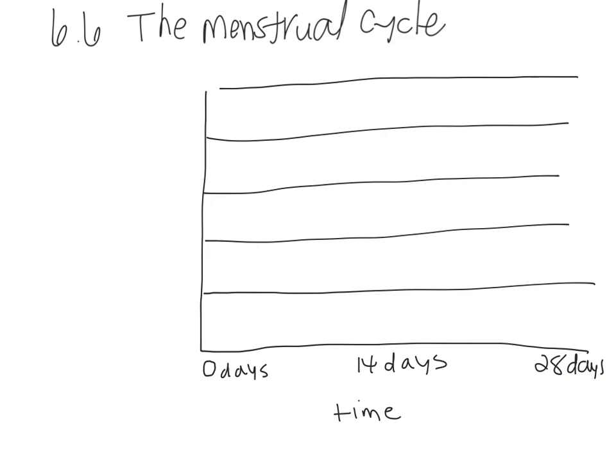We're going to be tracking what's going on with the endometrium, especially in regards to its thickness. So how thick, how vascular is that endometrium? The greater the thickness, the more ready that endometrium is to receive a fertilized egg or an embryo.